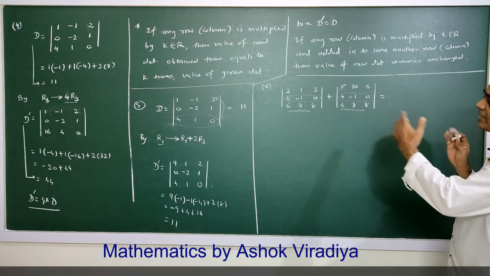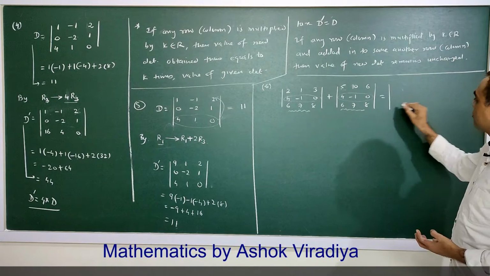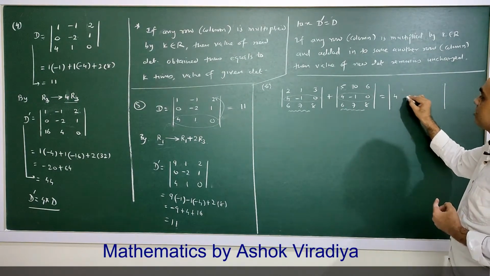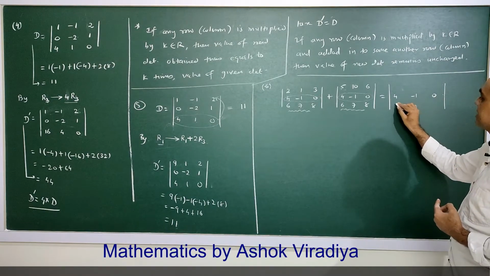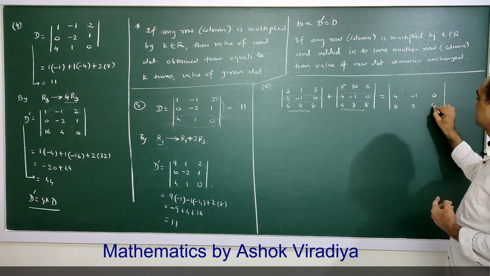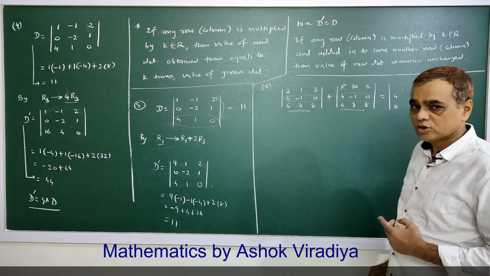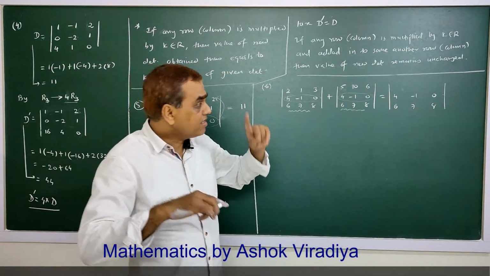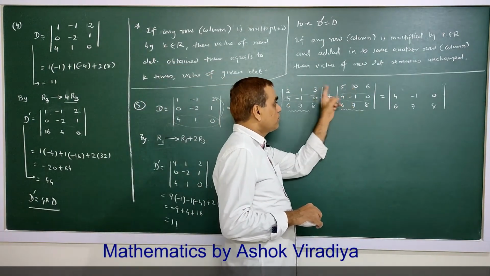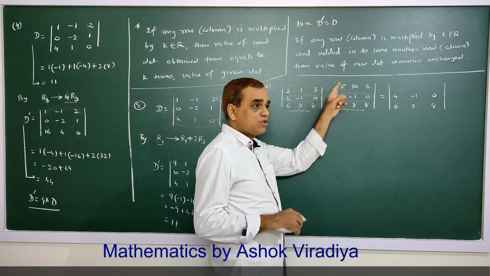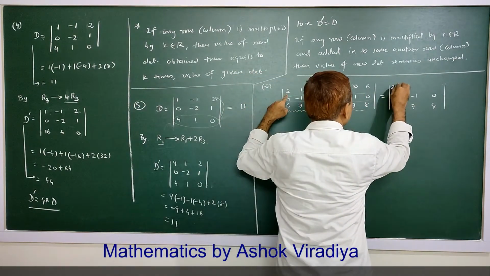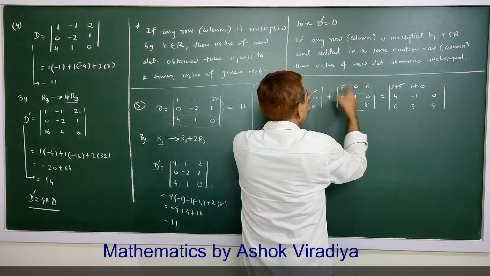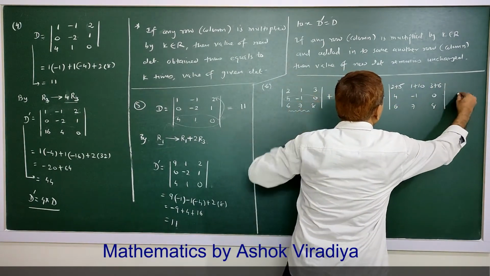So if such determinants are given, first of all don't add the second and third rows. Keep the second and third rows as they are. Two identical rows are kept as they are. Add the unequal rows, which are of the same order, the first row. So 2 plus 5 is 7, 1 plus 10 is 11, 3 plus 6 is 9. So this is allowed.